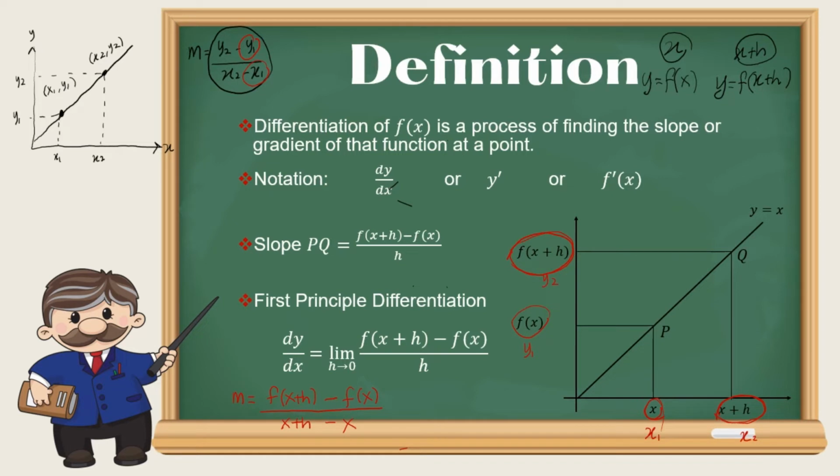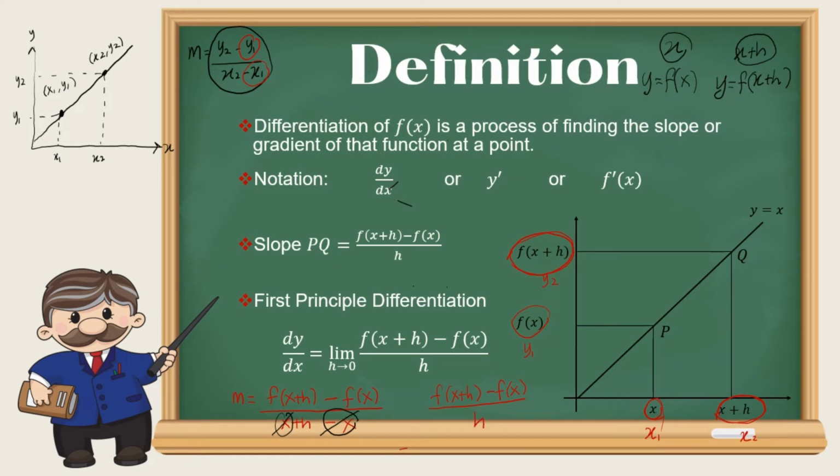Okay, so if you can see here, x minus x will be eliminated. So what is left in your gradient formula here is f(x plus h) minus f(x), divided by h.